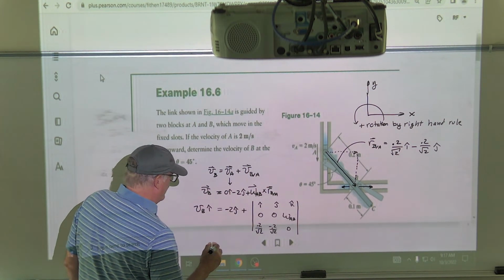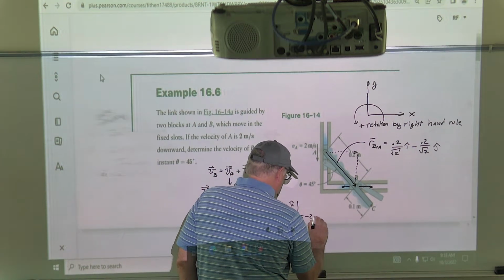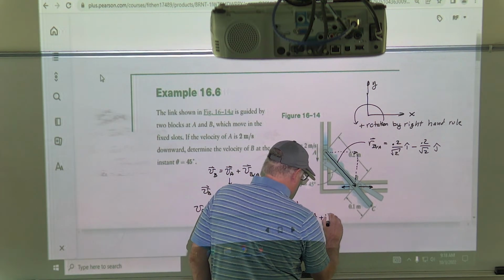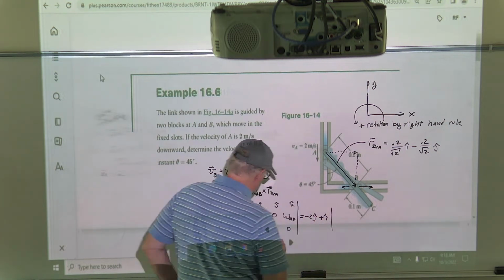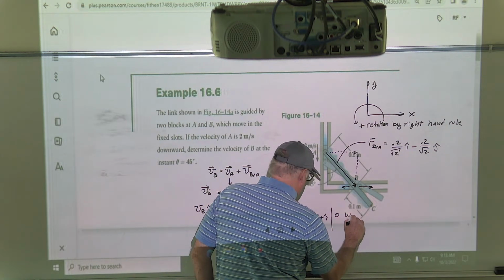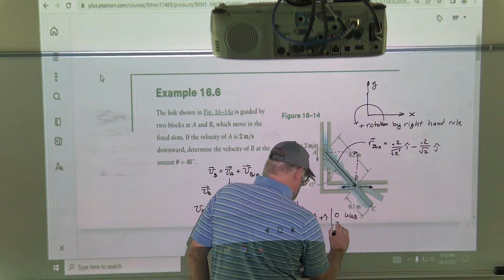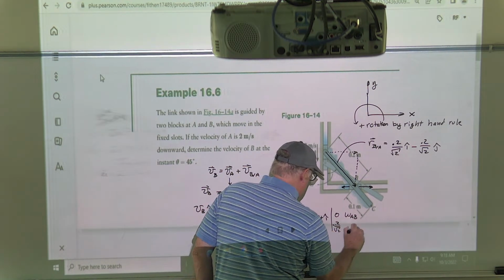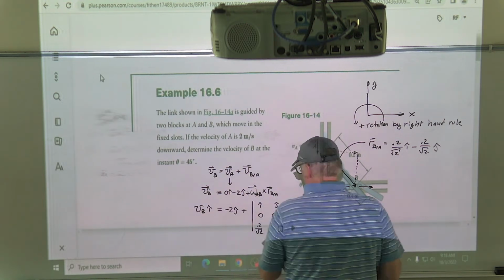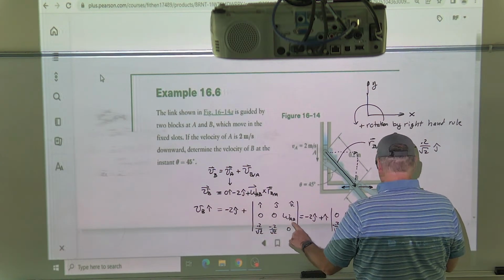So if you do this cofactor expansion, I'll do it this way. Minus 2J, and then I'll do the cofactor expansion plus I, and I'll do it complete, even though there are terms that minus 1, 2 over square root 2, and then minus, because you got to do a minus on the J. And then you just eliminate that, and you get a 0.